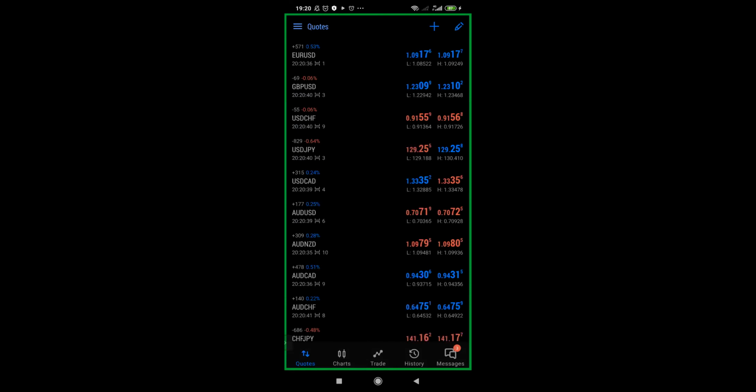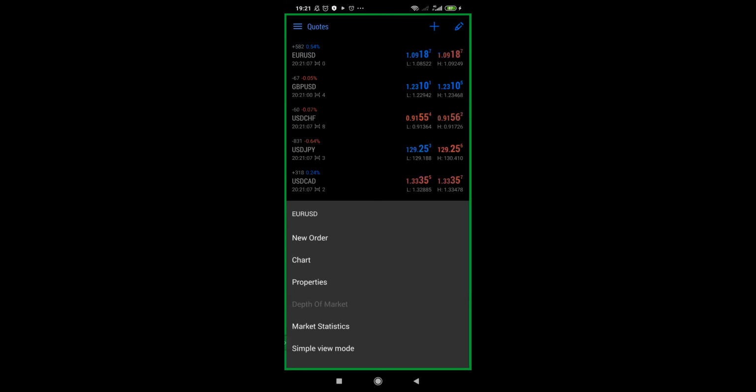Once you have your quotes tab populated, how do you now take entry? You can also even do analysis on your MT5 for mobile phone. Let's say I want to trade Euro USD. Euro USD is the first quote at the very top here, so all you do is tap on it.